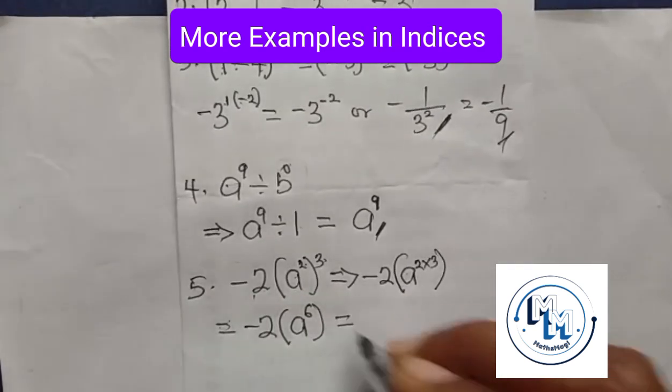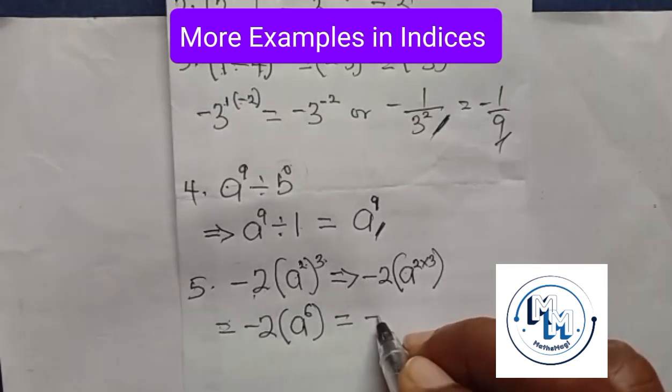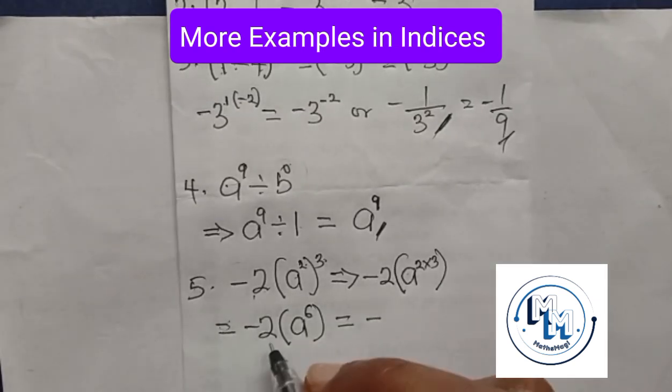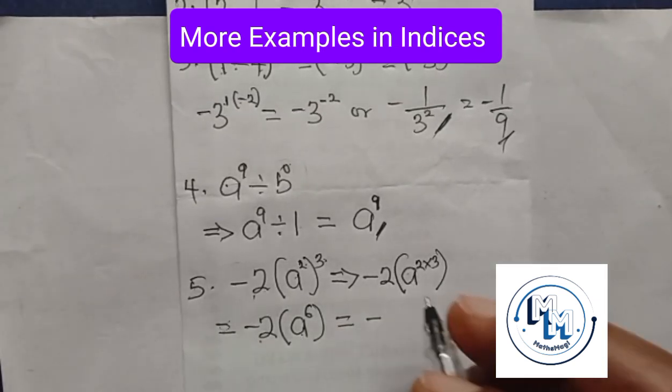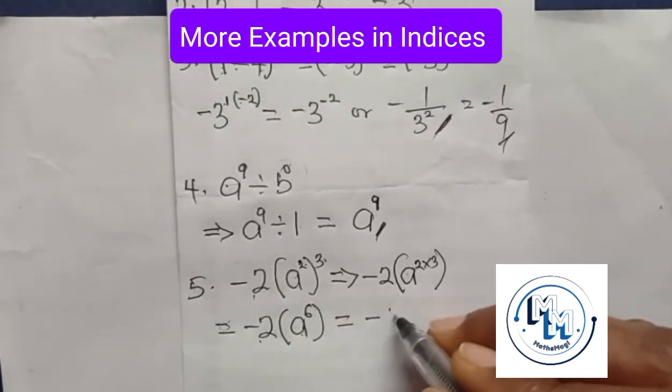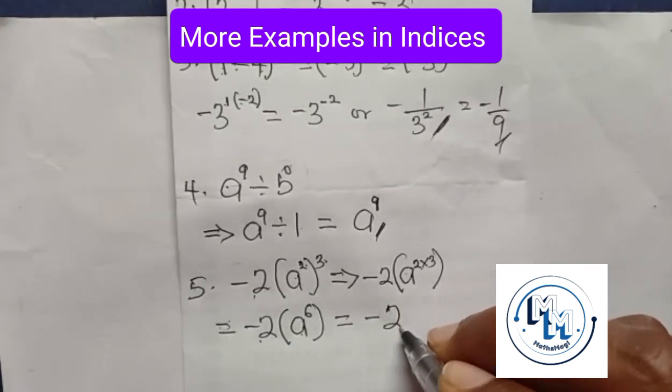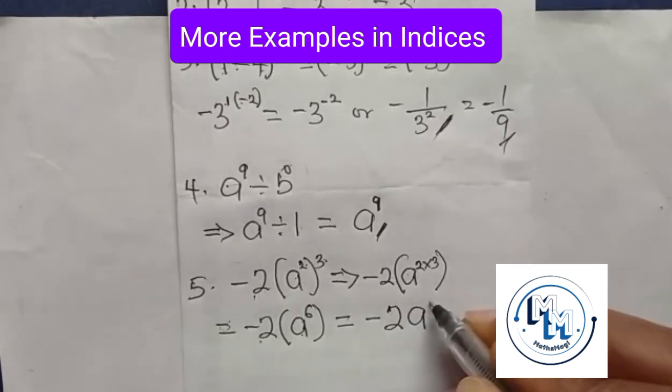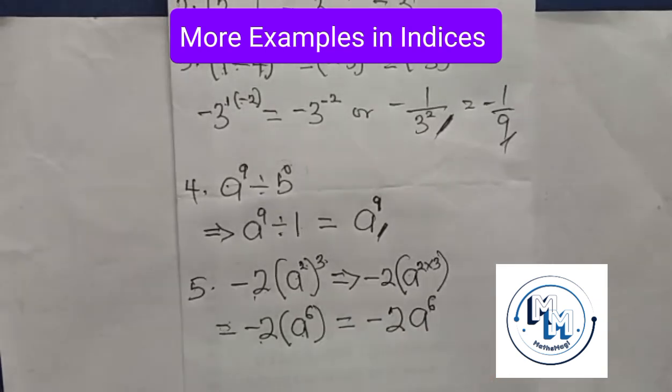Now I'm going to multiply what is outside with what is inside. This is equal to minus 2 a power 6.